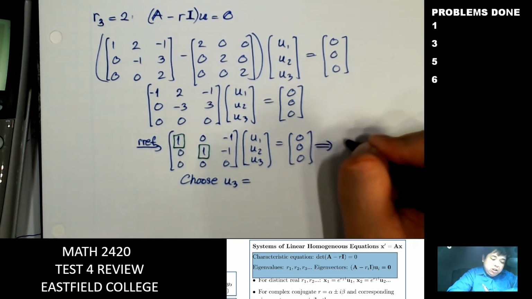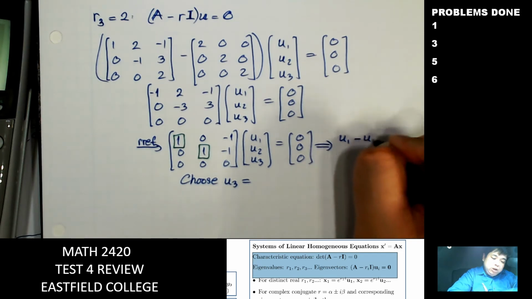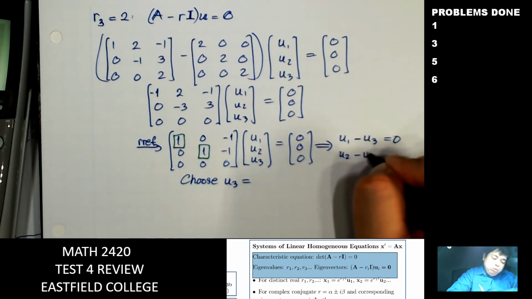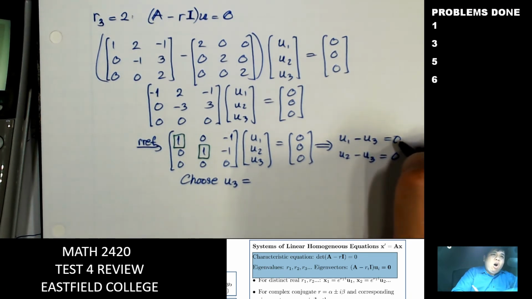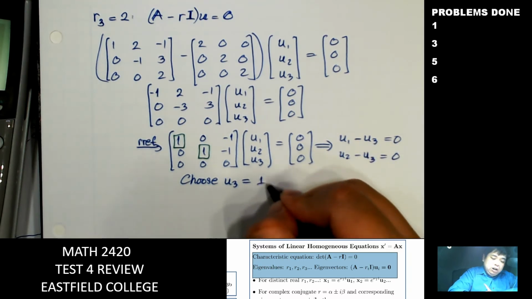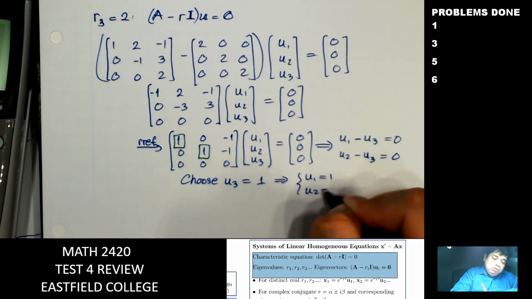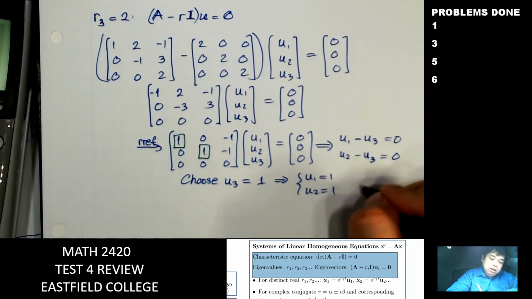But from this equation, we have U1 minus U3 is equal to 0, and U2 minus U3 equal to 0. Now obviously, if we choose U3 to be 1, then U1 is 1, U2 is 1, so the vector will be 1, 1, and 1.